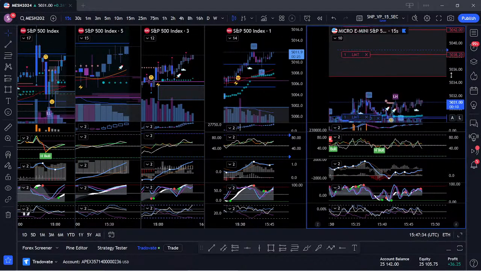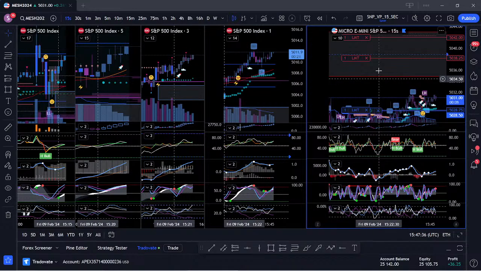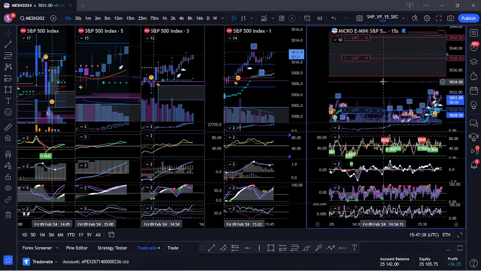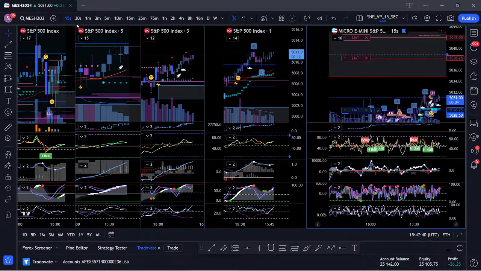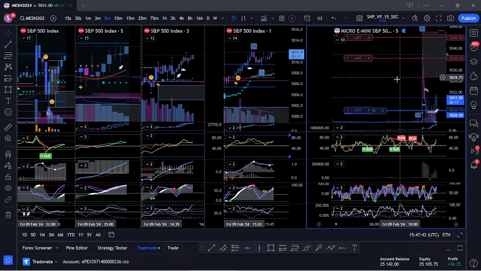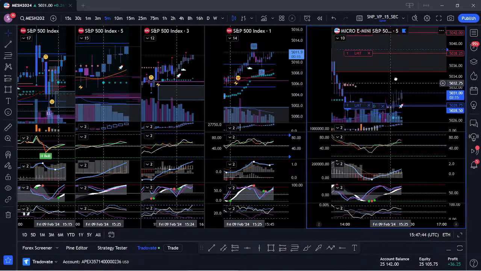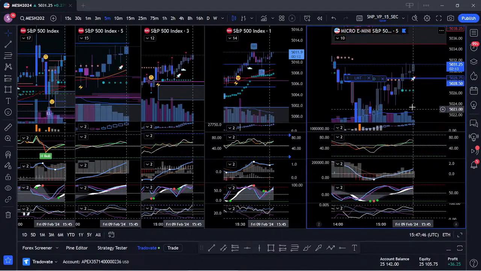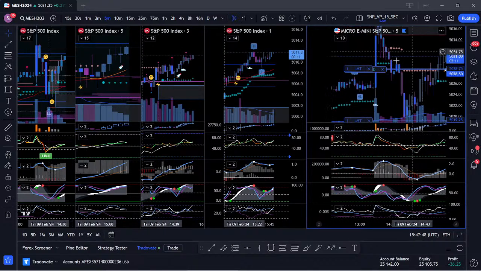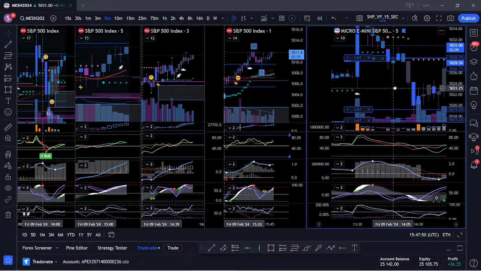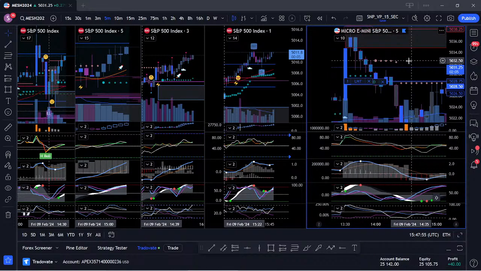Do you remember you have a target there? Where's the order block? This is the order block. Past. This is here.